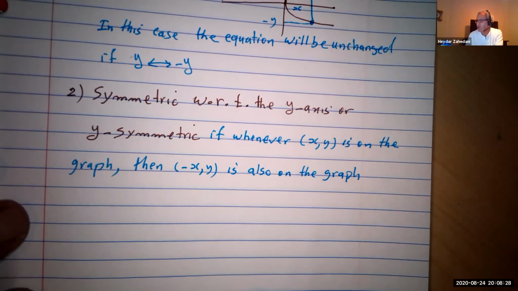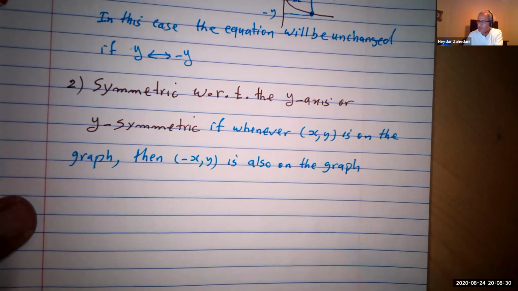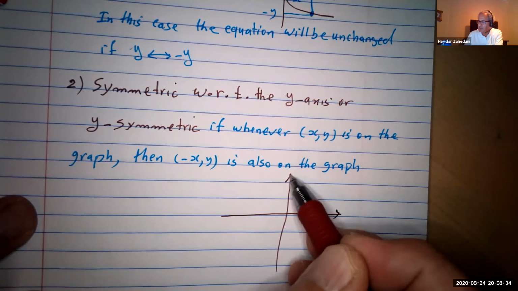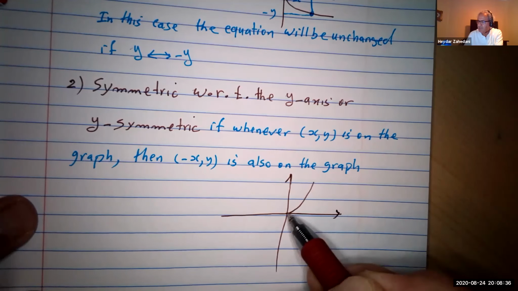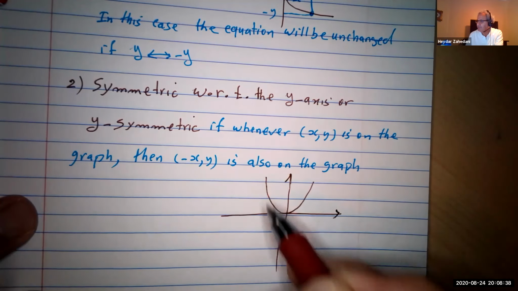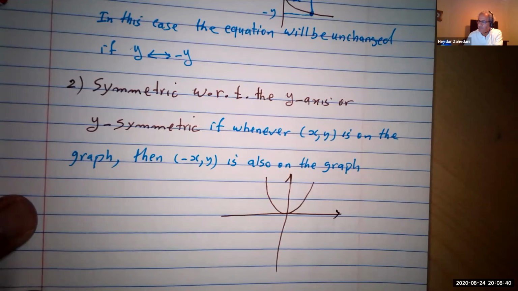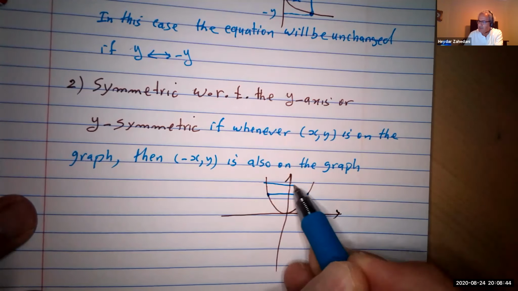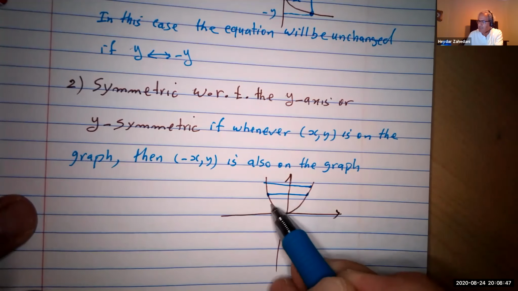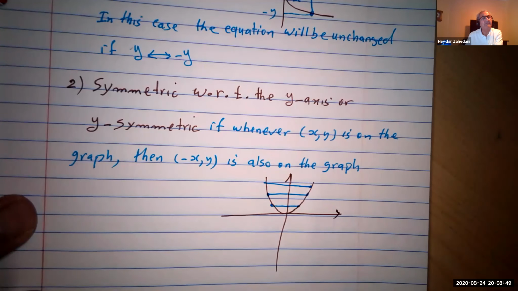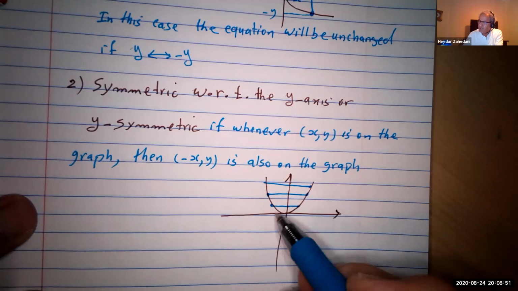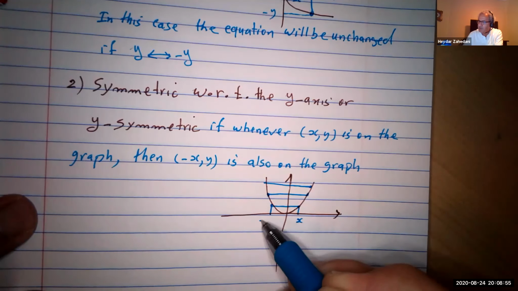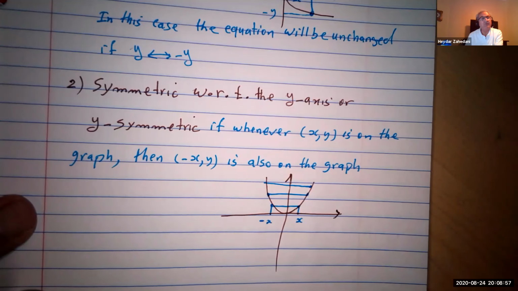You have a y-symmetric, so this is going to be the situation for the y-symmetric. If you go to the right, to the left, you stay the same. So this is going to be your x, and this is going to be your negative x, but the y stays the same.